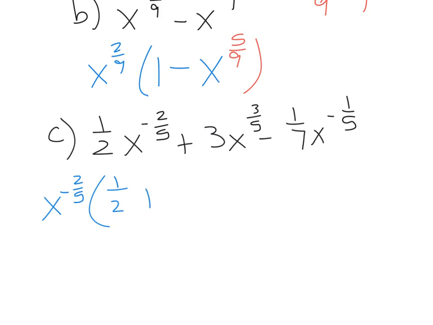We need a plus sign. From the next term, we need the coefficient of 3. We're going to need something from this variable, and if you remember the rule, you're going to subtract 3/5 minus negative 2/5, or plus, since this is a negative. 3/5 plus 2/5 makes 5/5. So this will be 5/5.